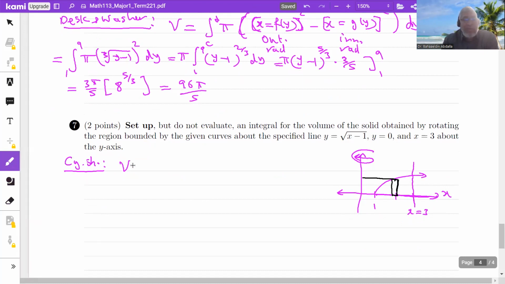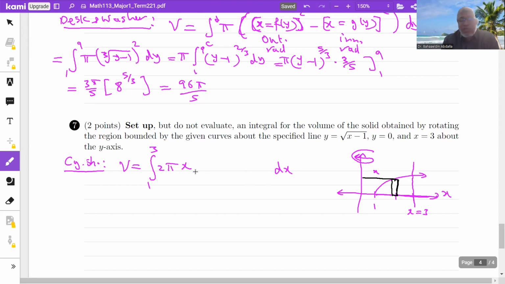the volume would be equal to 2 pi, of course, dx, because the width of the rectangle is dx. x is from 1 to 3. And this is x, the radius of the shell, it's x.